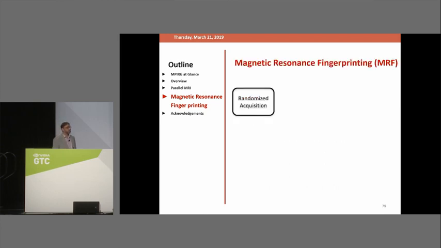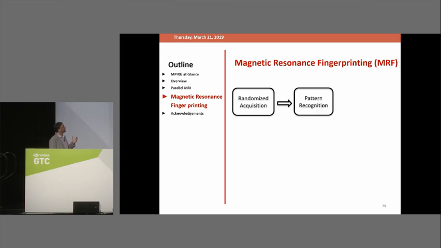One major limitation of current MRI is that it compares relative signals. For example, at a 1.5 Tesla scanner, this image will look different. At a 3 Tesla scanner, the image will look different because it's measuring the relative values of the signals. So what MRF does is it helps us to measure the absolute values of the signals, the real values. The concept is very similar to the fingerprinting process we use normally.